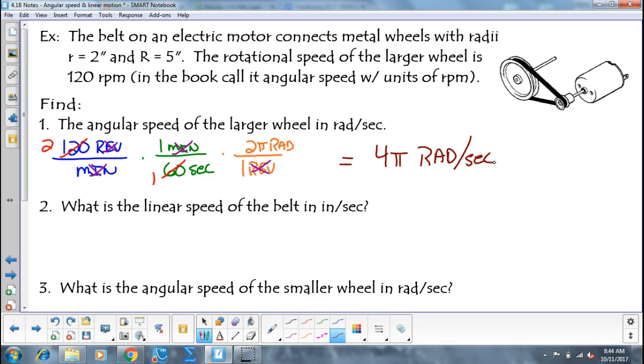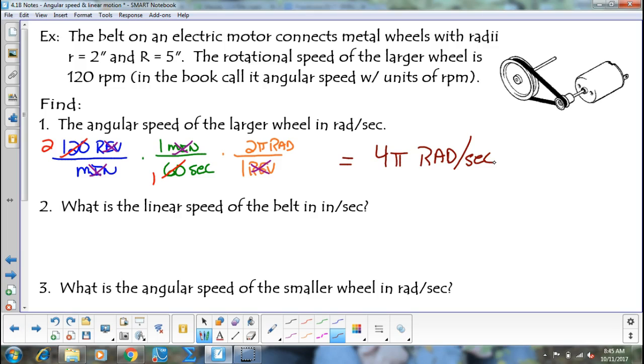Now I'm not going to round that one to be 12.56, because I'm probably going to have to use that later on in the problem. So I'm going to leave it whatever fraction I get there. What is the linear speed of the belt? Well, that belt is going around the first one at 4 pi radians per second, correct? Or on the bigger one.